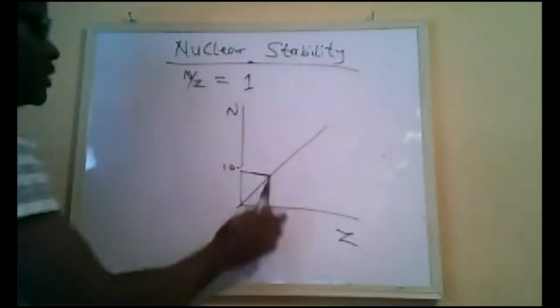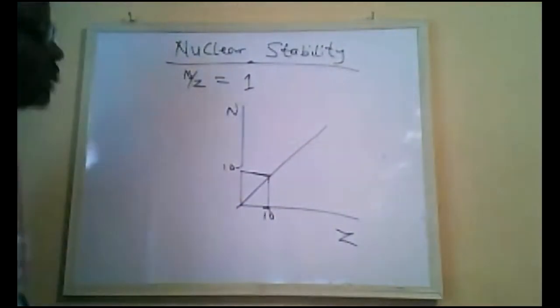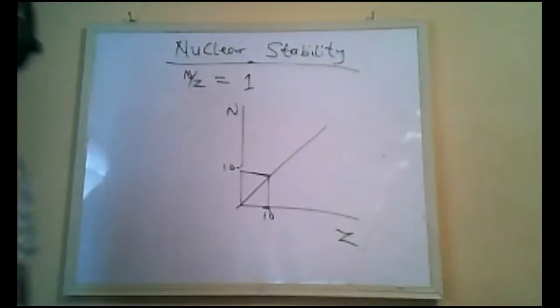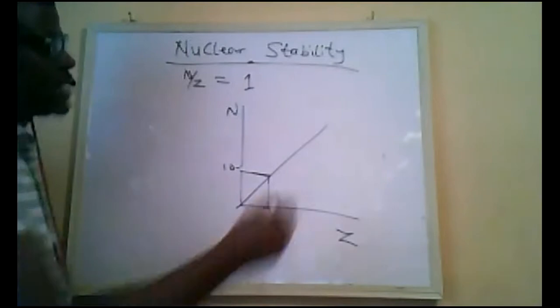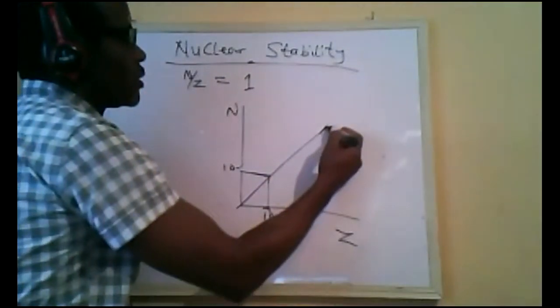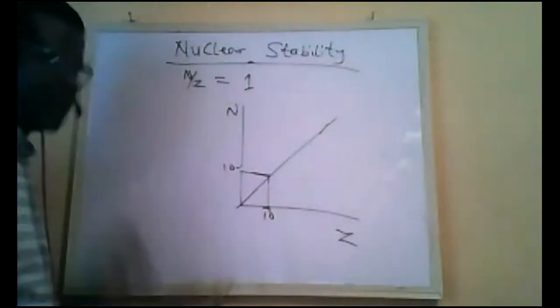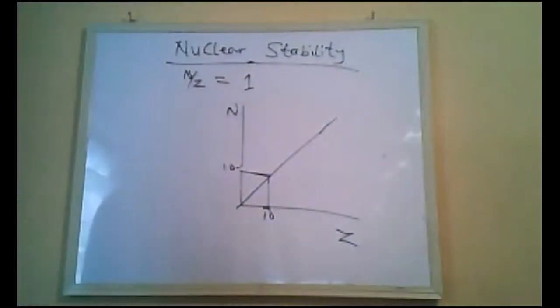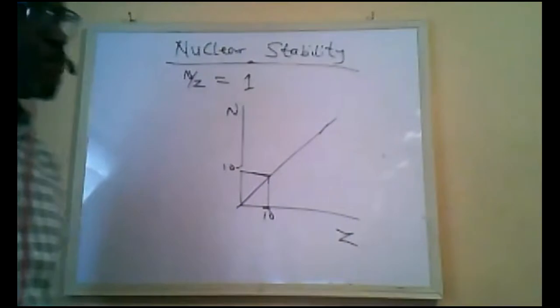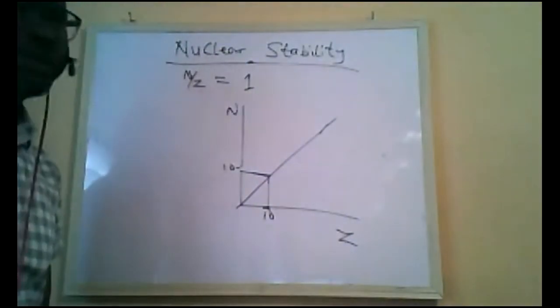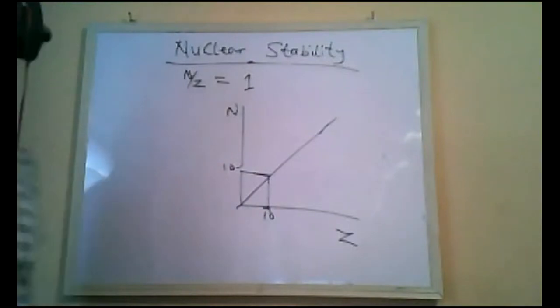So if you have 10 here, you also should have 10 protons for the mass and for that nuclide to be stable. But as the number of the nuclear components begins to increase, this ratio no longer remains tenable.